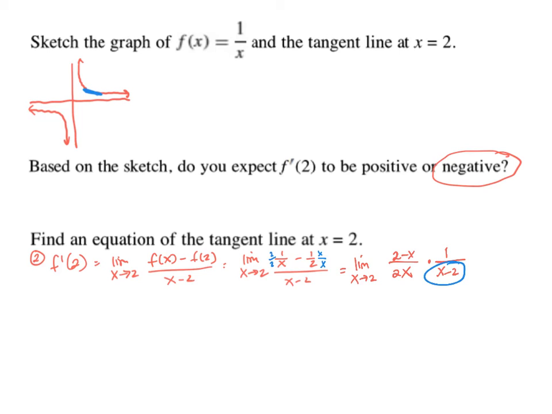I need to find it in the numerator, which means I don't want to go and distribute things and FOIL things out and such. We want to stay in factored form. So my denominator is factored form. My numerator is so close to x minus 2, I just need to factor a negative 1 out of there.